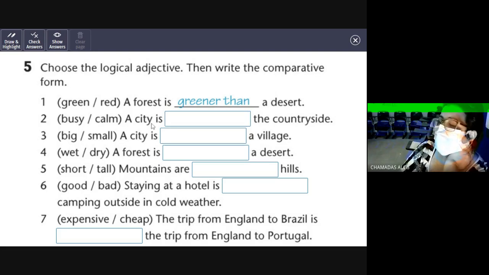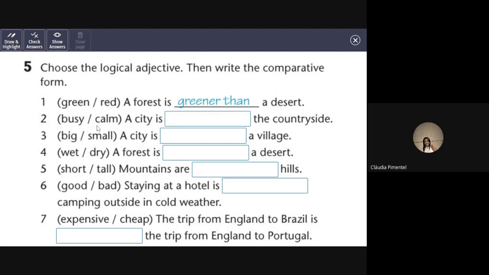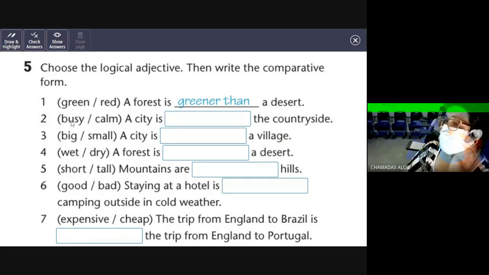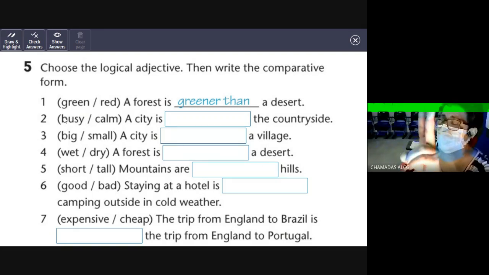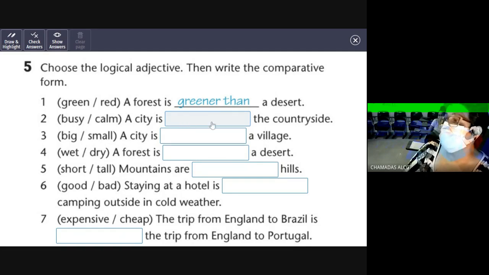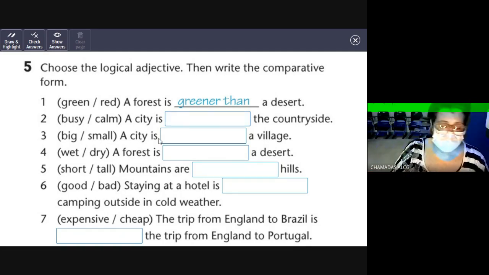Okay? Now, number 2, busy or calm. A city is... Pay attention. Here we have 2 adjectives, busy or calm. So a city is busier. Okay.